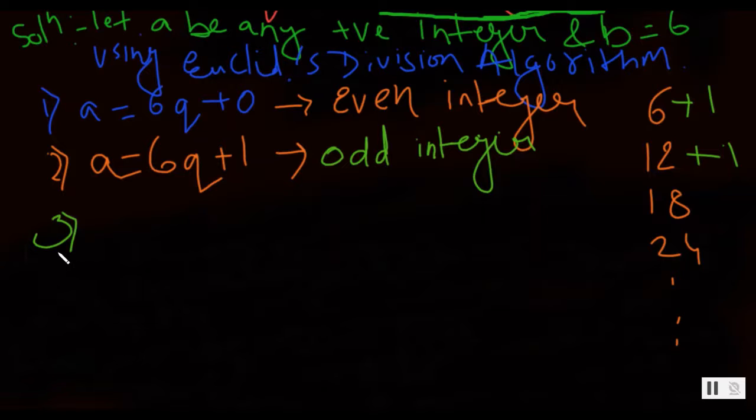When we talk about the third value, it is A equals 6q plus 2. Now 2 added to 6 will always result in a positive integer, so I mean an even integer. So it will be an even integer.